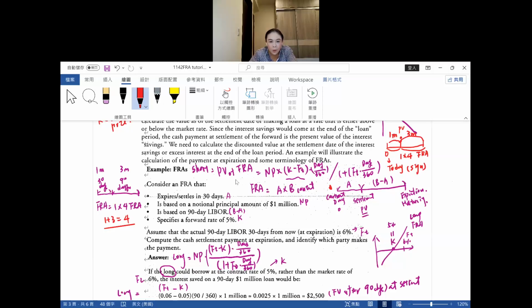So that's 1 here. And then your nominal principal is 1 million. That's the NP. And after 1 month, you are computing your interest based on 90 days LIBOR. So B minus A, B is your total length. B minus A would be equal to 4 minus 1 equals 3 months in this case, okay?